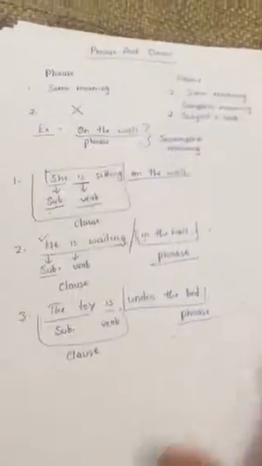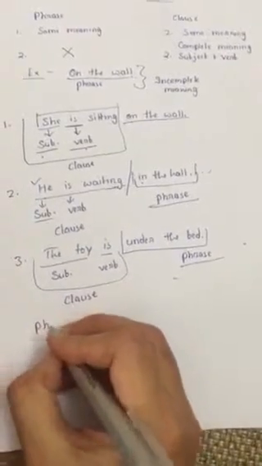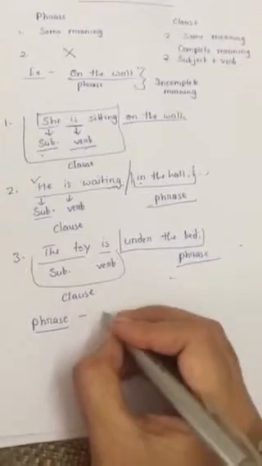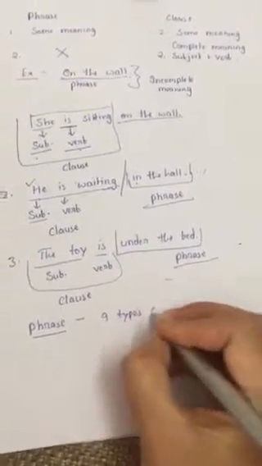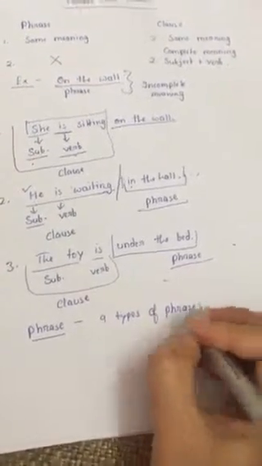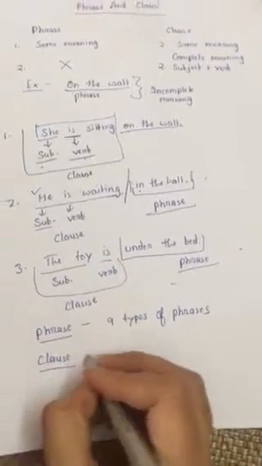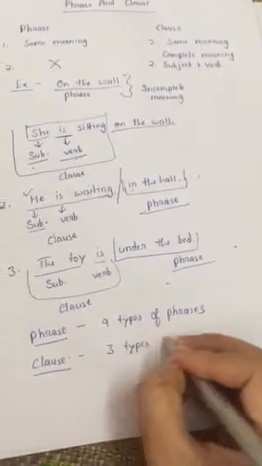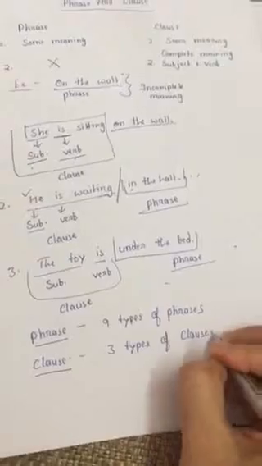In the next video, I'll discuss the types of phrases and clauses so that it will be clearer to you. There are nine types of phrases and there are three types of clauses.